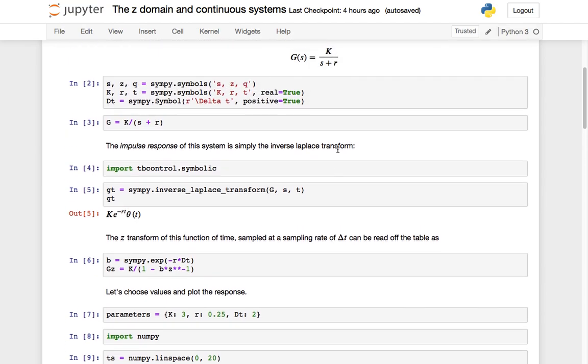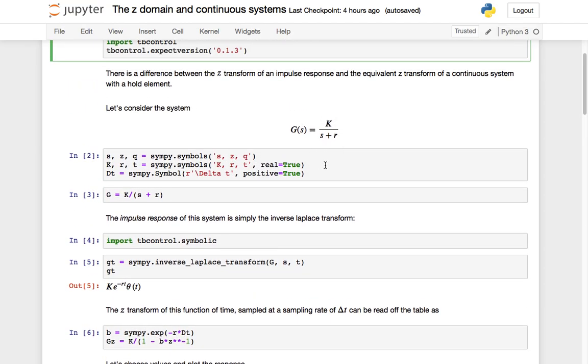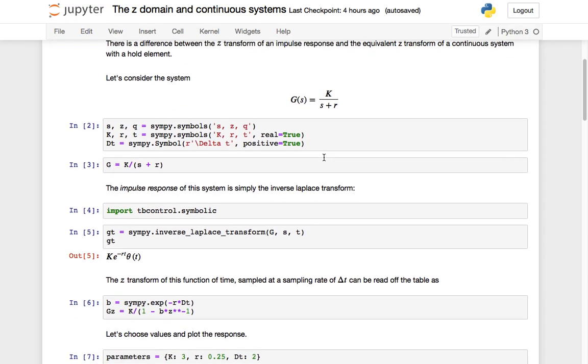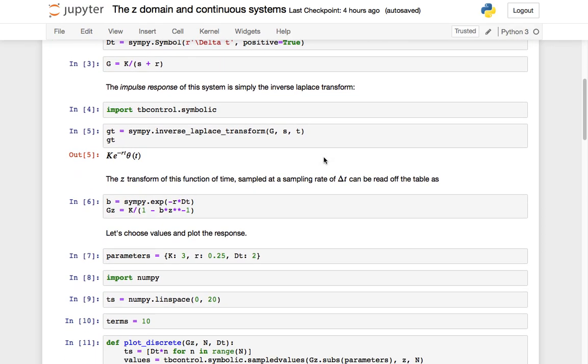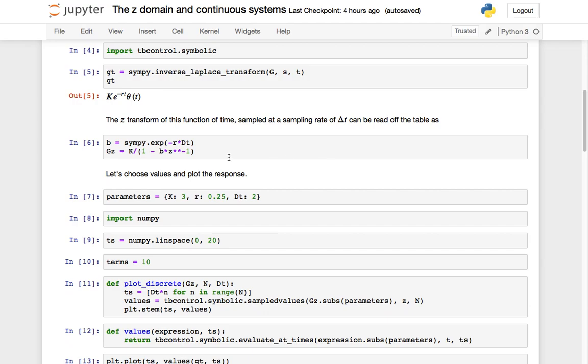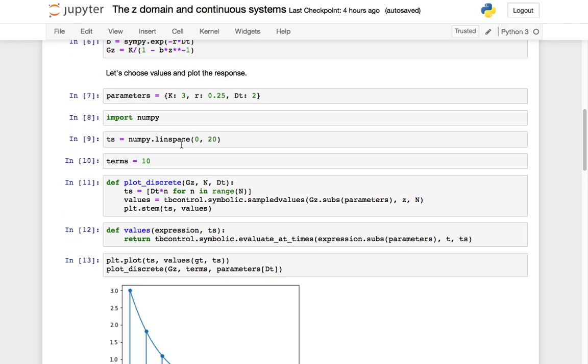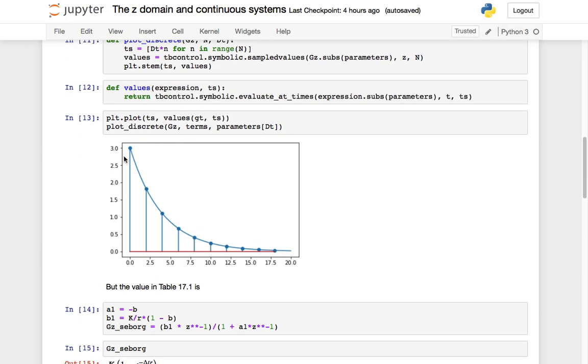form. And so I'm going to work with a transfer function here which is in the table, in table 17.1 of Seaborg, which matches an entry in the datasheet table. And if we just take a value like this and we do our normal substitutions, the Z transform, we can read off the datasheet table, and if we plot that, we see that the impulse response is exactly what we expect, just an exponential decay.